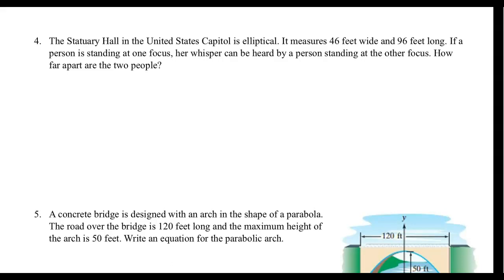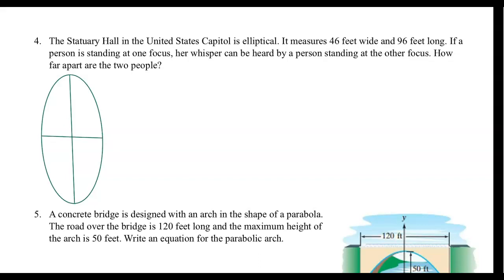The great thing about this question, guys, is it's really simple. Here's why. So we have our elliptical hall, which will look something like that. And we know from ellipticals that our major and minor axis are here and here.